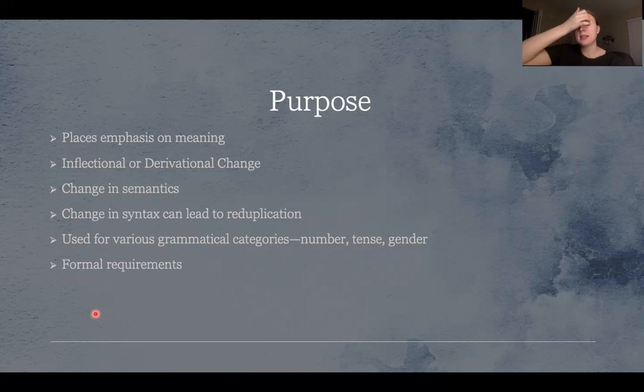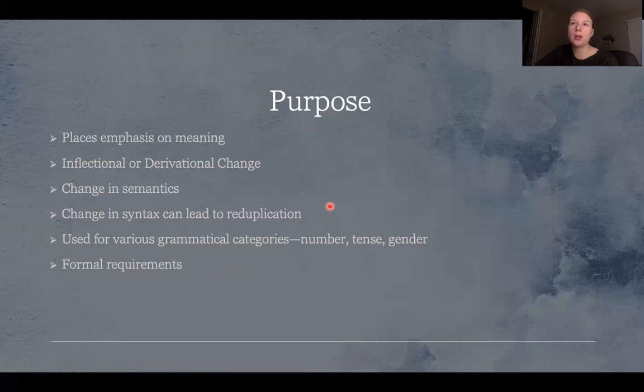So we see that reduplication a lot, to see in a language, a noun change to an adjective, or a verb change to an adverb, to name a few. So that's a key thing to look out for when you're doing language analysis, is to just see, is the word changing?